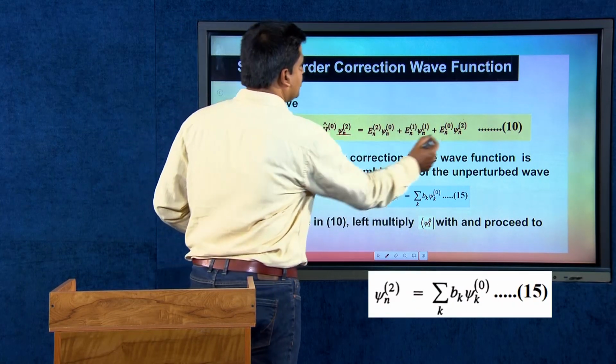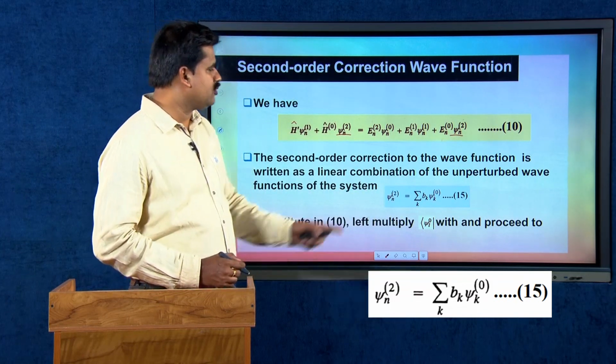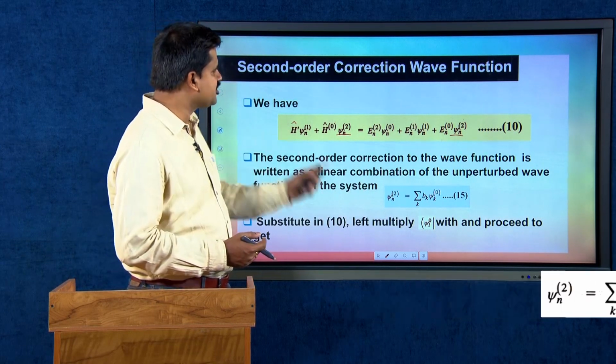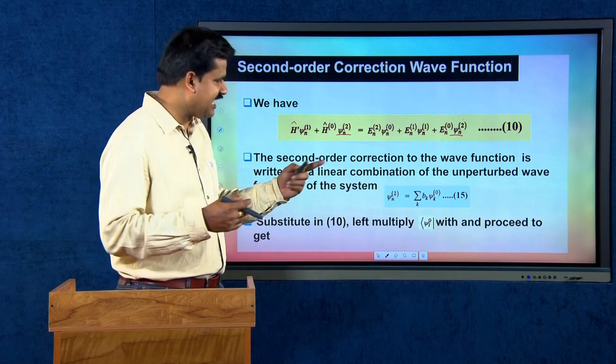Instead of psi_n^2, we can put this expression, psi_n^2 equal to summation k b_k psi_k^0, and we have to substitute this equation 15 in equation 10 and proceed mathematically.